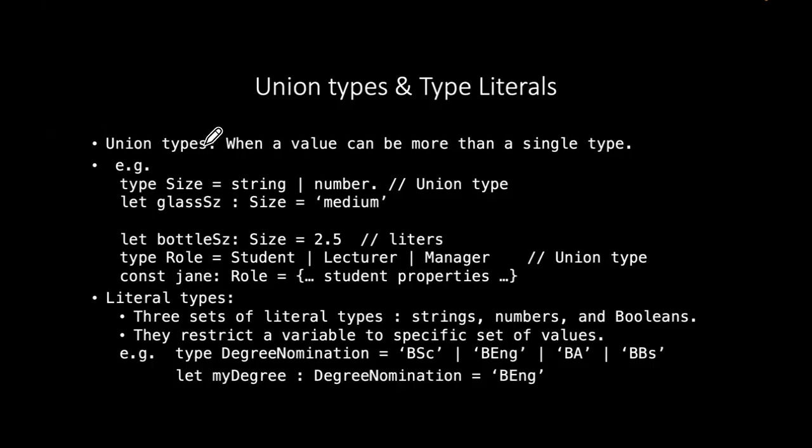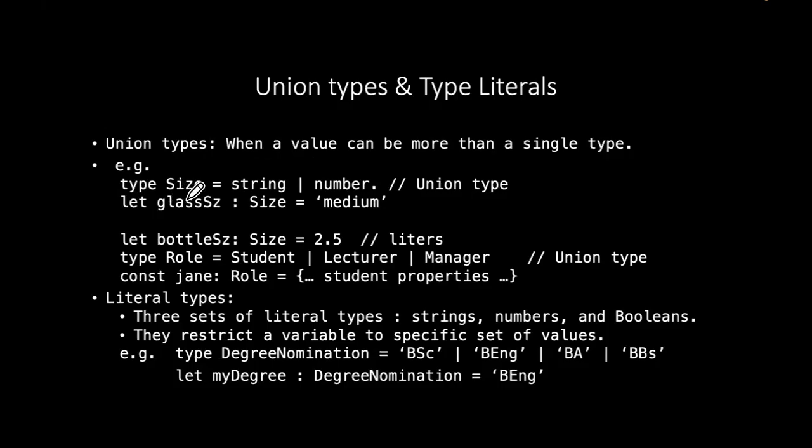A union type is where you're declaring that a type is essentially a union of other types. So in the example, I'm declaring a type called size, and I'm saying a size variable, or a variable of type size, could be a string or a number. Okay, so technically we would refer to size as an example of a union type.